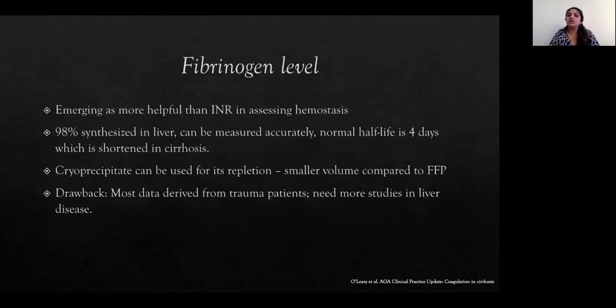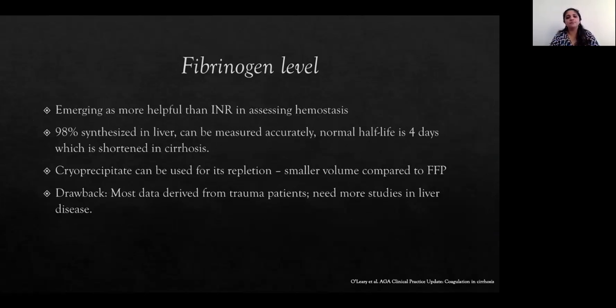And then fibrinogen level, which is emerging as a more and more commonly used and corrected lab that we follow. Most of this data comes from trauma patients, though. It has not been studied as well in liver patients, though physiologically it makes sense because it is mostly synthesized in the liver, can be measured accurately, and its half-life is longer than other factors.